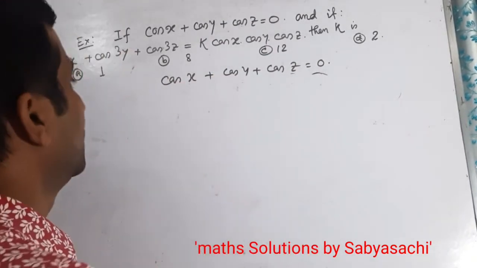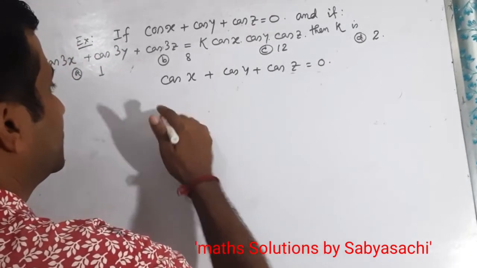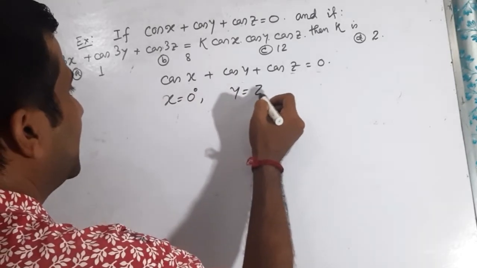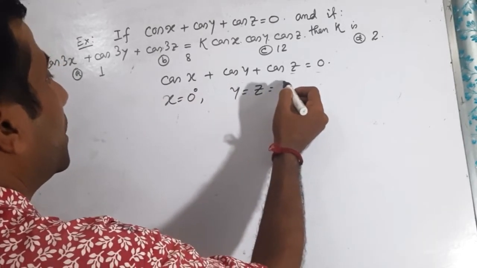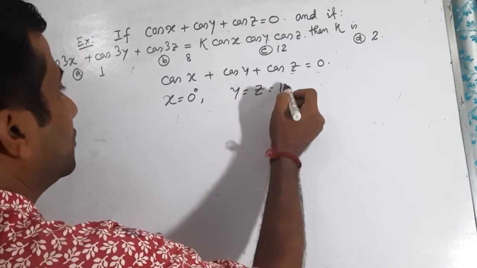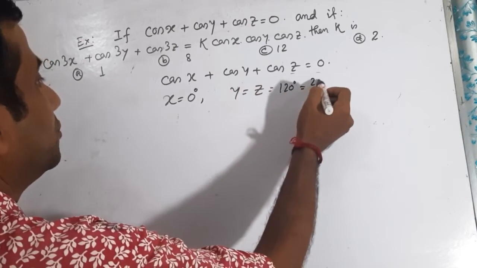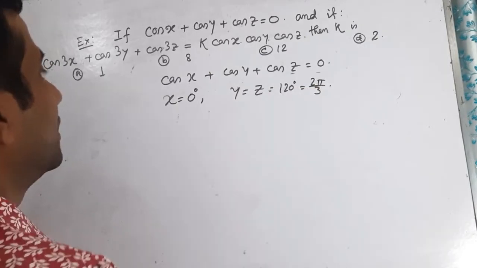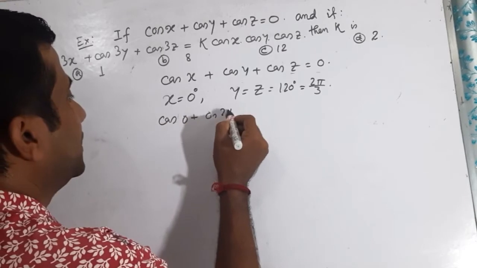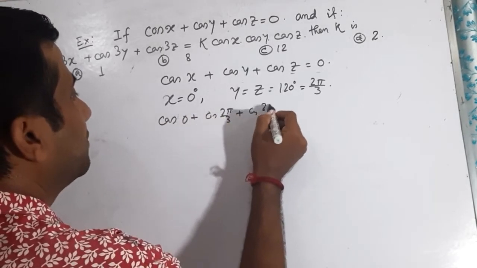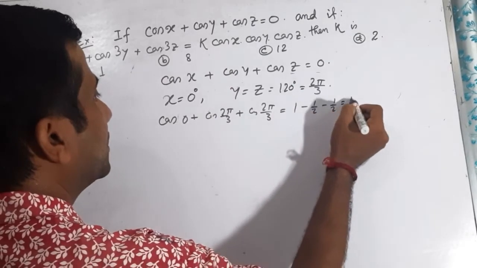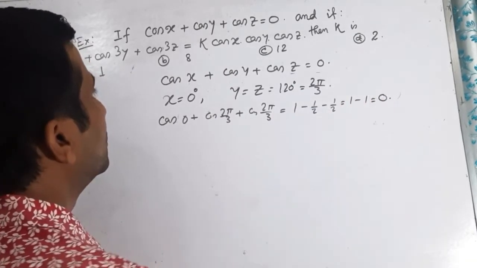We suppose x is equal to 0 degree, and y and z are equal to 120 degree, that means 2 pi by 3. That means cos 0 plus cos 2 pi by 3 plus cos 2 pi by 3. Cos 0 means 1, and the others are minus half each, so 1 minus 1 is equal to 0.